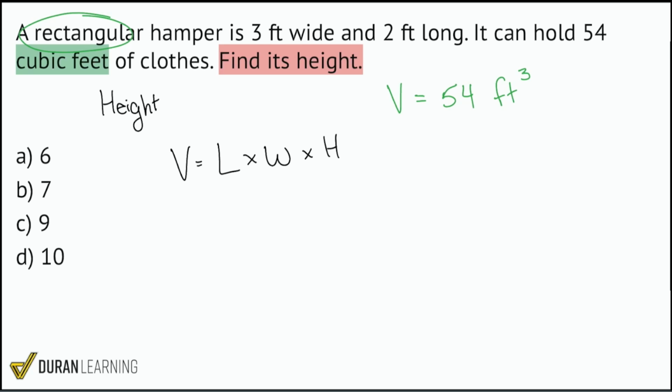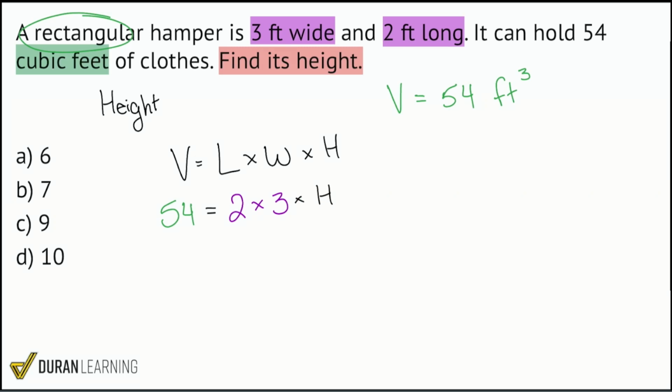We have our volume, which is 54. We are given the length, 2 feet long, so I'll plug in 2 for the length. And then we see that the width is 3 feet wide, so I'll plug that in as well. And then we're looking for that height, so I'll leave that as is.